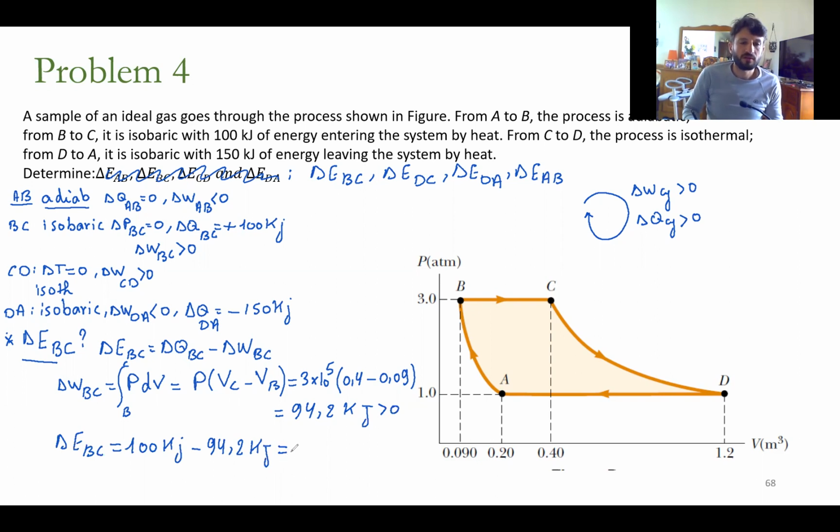We get 5.8 kilojoules, a positive value.